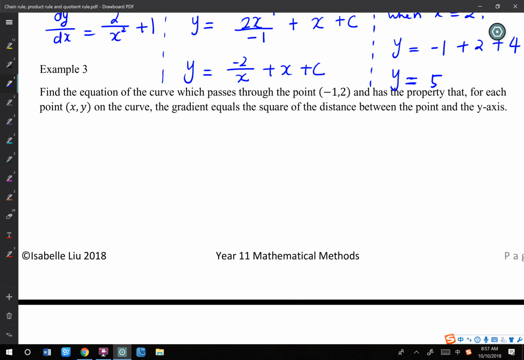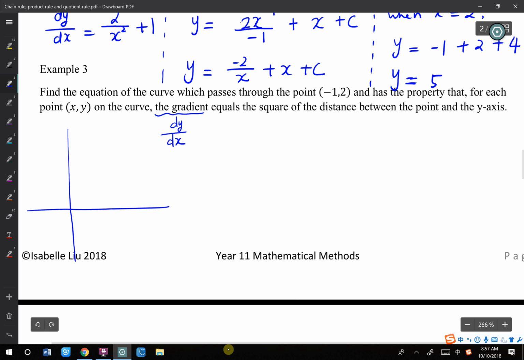The gradient, okay, the gradient is what? Gradient is dy/dx, right? So the gradient equals the square of the distance between the point and the y-axis. Well, let's have a think. We have a point (x, y) here.